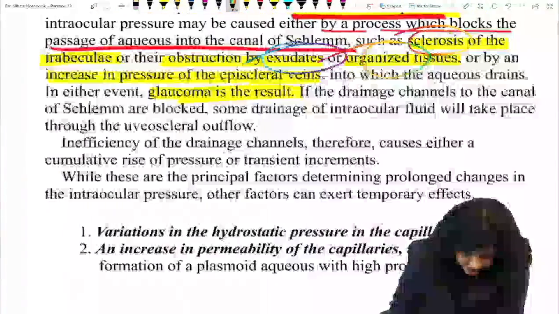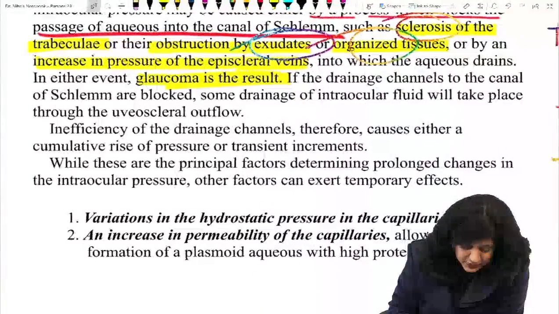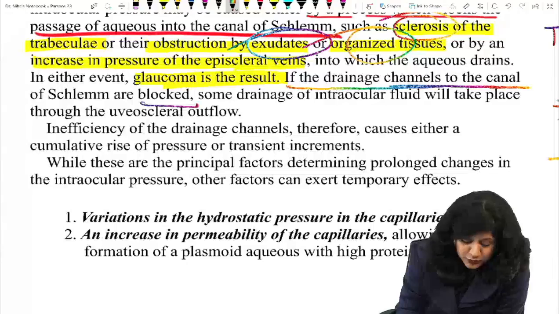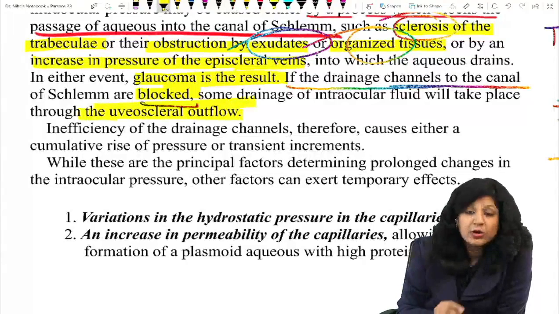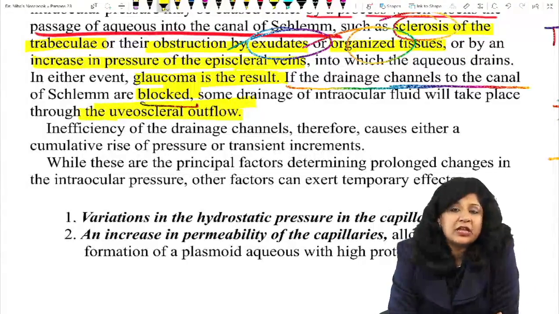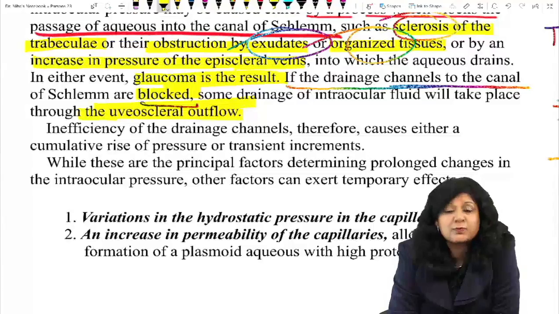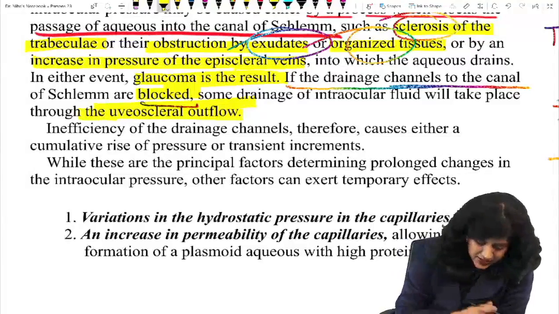Alright. Now if the drainage channels to the canal of Schlemm are blocked, some drainage will take place through the uveoscleral route. Now obviously we have a smaller outflow also, that is uveoscleral, so only 10 to 20% will continue to flow, so the majority will face resistance.